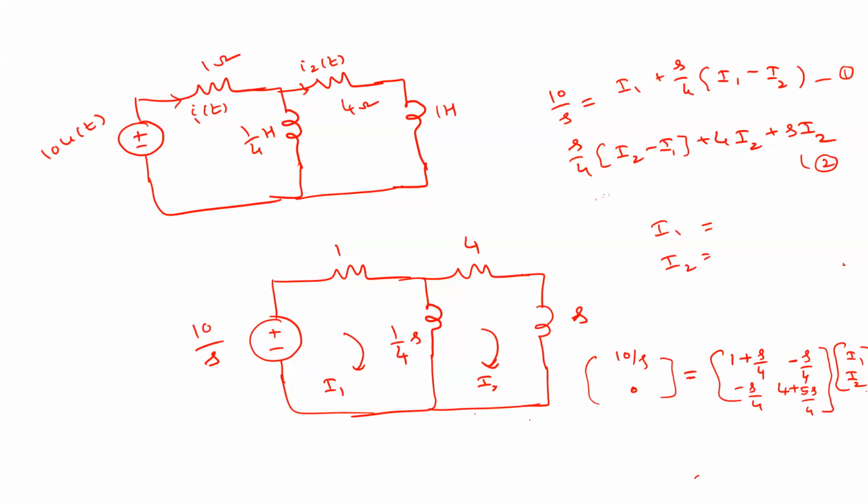So hopefully this is one of the easiest methods rather than finding I1 and substituting here and there and solving. Okay. So from this you can calculate I1, I2 by using Cramer's method.